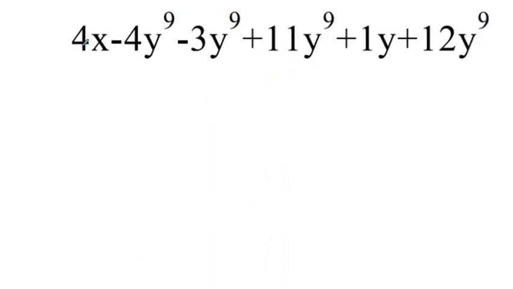In this case, we have an expression with 1, 2, 3, 4, 5, 6 terms. I am going to look for my like terms first. Remember, like terms have the same variable with the same exponent. The term also includes whatever sign you have to the left of the term.